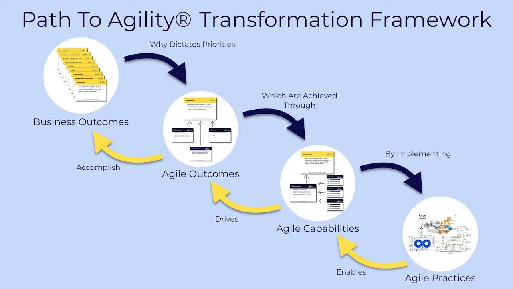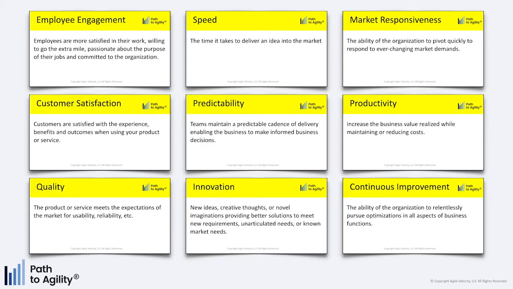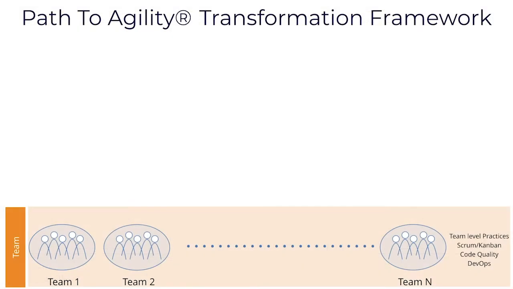So what we've done with Path to Agility is map the business outcomes, the agile outcomes, and the agile capabilities. The way that we've done that is we've identified first these 9 core business outcomes that agility drives towards. And we start with leaders to help prioritize those as our compelling purpose and focus. And then we look at the transformation not only at the team level. Most leaders would say, yeah, come in and help us at the team level.